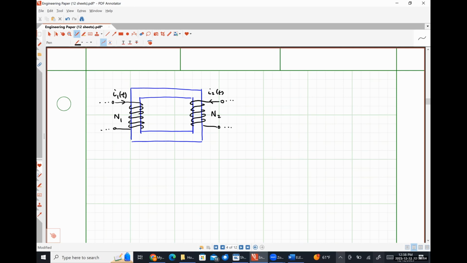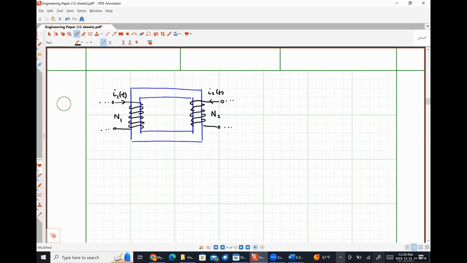So let me ask you what I hope to be a simple question. What is the direction of the flux that's generated by our first coil? Up, right? Using the right-hand rule, our fingers wrap around in the direction of the winding, and our thumb gives us the direction of the magnetic flux.